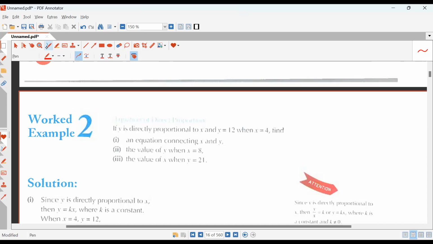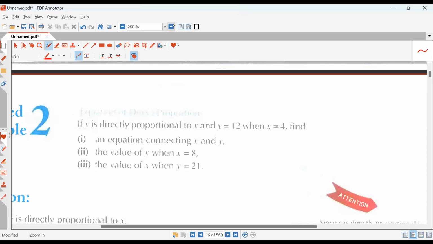If y is directly proportional to x and y equals to 12 when x equals to 4, find an equation connecting x and y. I know that y is directly proportional to x.